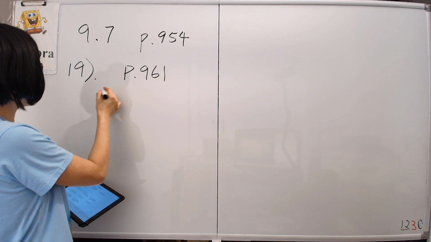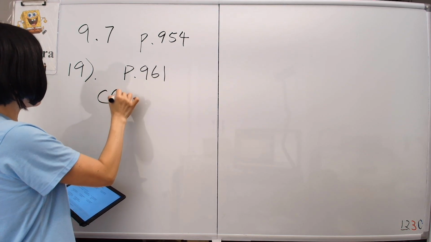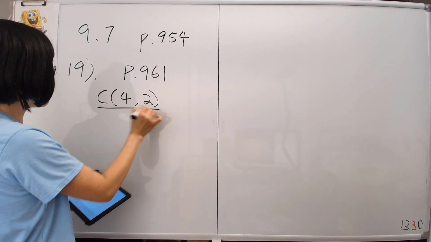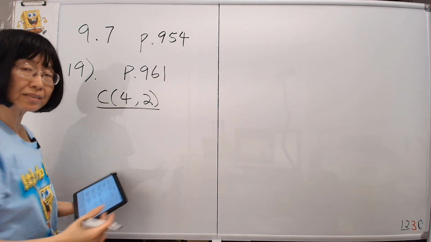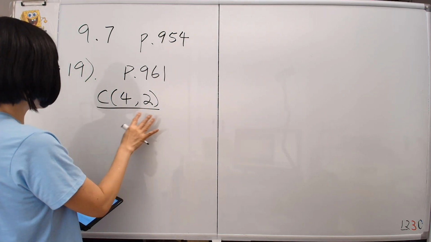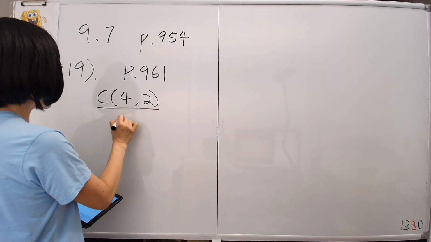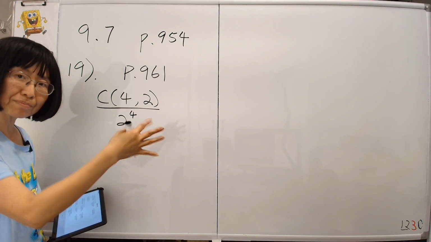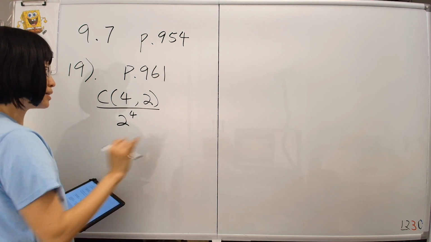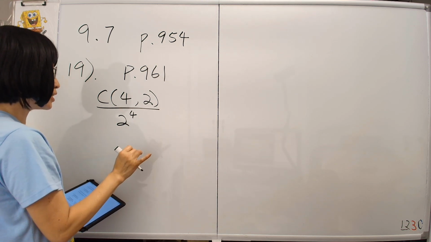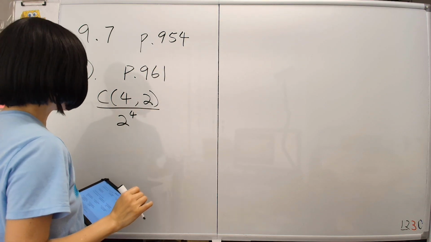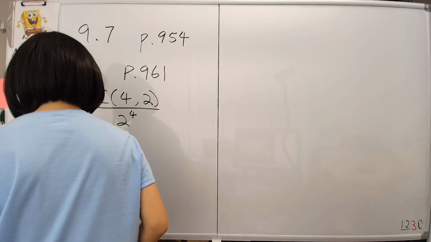So then the probability will be C of 4 choose 2, and then divided by the total possibility, which is 2 to the power 4, because each coin can be head or tail, so the total number of possibilities will be 2 to the power 4.